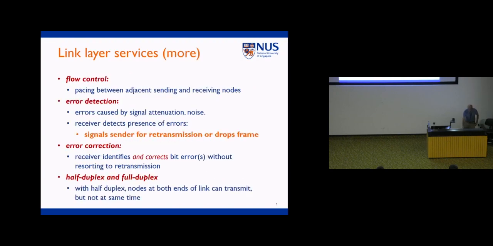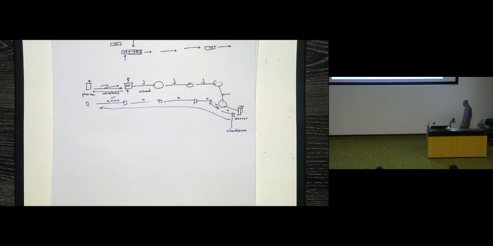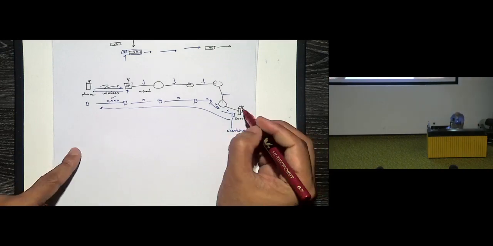Okay, so what else? Other things that a link layer protocol can do, which is similar to what we have seen before, is flow control. Flow control, again, is like, if the receiver is too slow, the receiver tells the sender, don't send so much. Now let me go back here. In the case of TCP, the flow control was here.